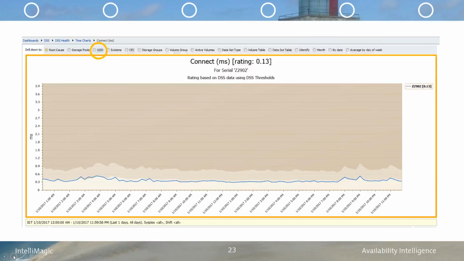The top, very dark zone is the red zone, or performance exception zone. The lighter gray zone is the early warning or yellow zone, and the bottom is the healthy zone of the chart. We call that the sunny area, as opposed to the cloudy or stormy area.